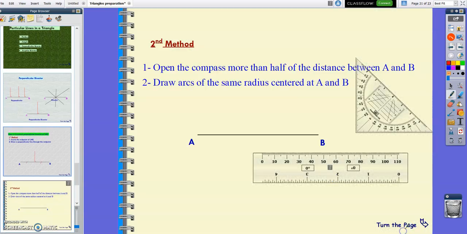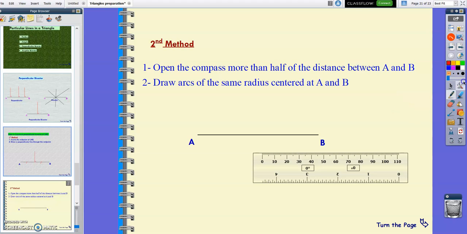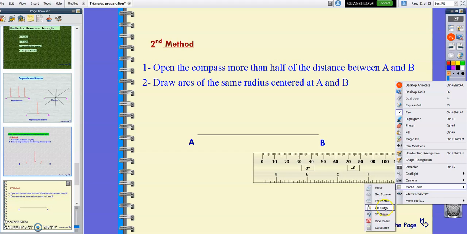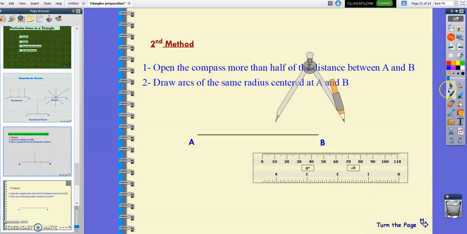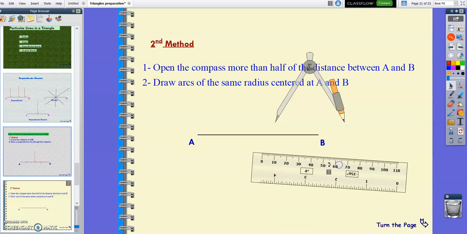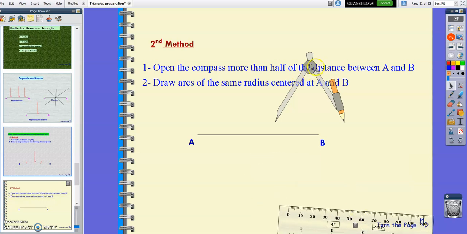Let's take a look at the second method using a compass. So we'll bring a compass here. Now we will open the compass more than half of the distance between A and B. So first put the compass on the point A, then make it a bit wider, not like that, for example.